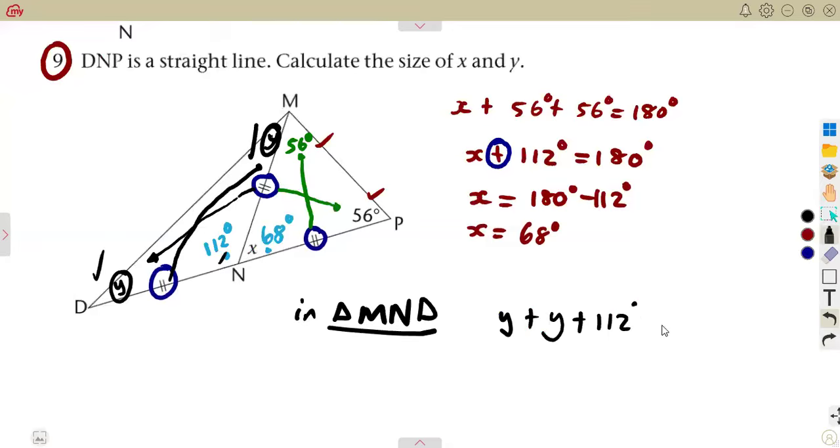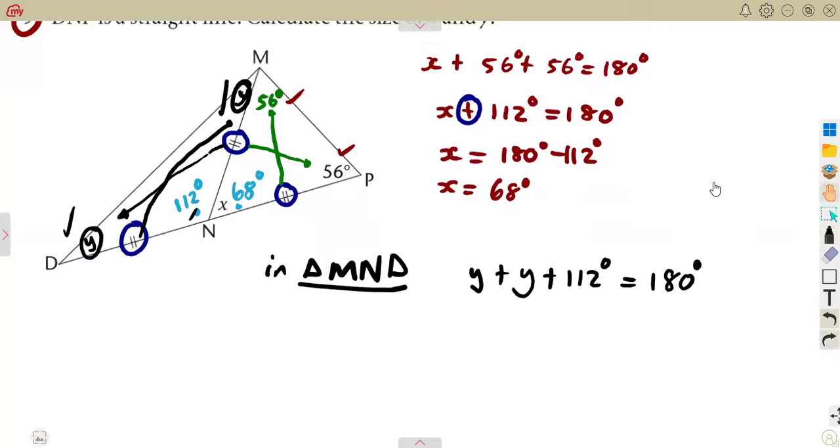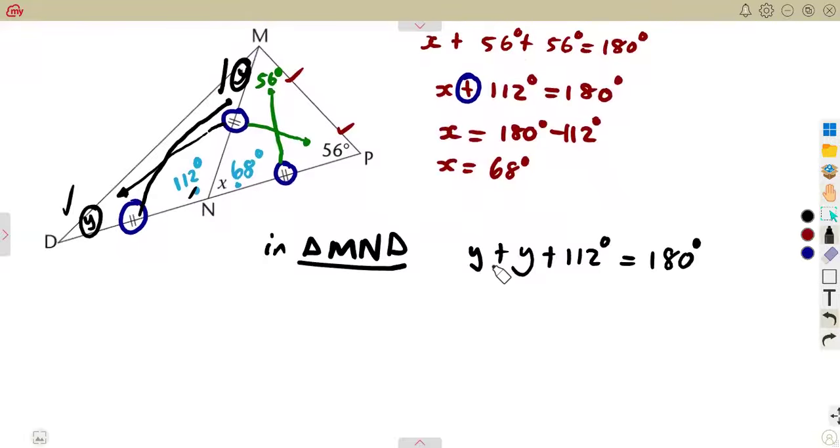All this is supposed to give us 180 degrees, the angles inside of a triangle. That's an equation which you can use to solve for y. Remember, this is y, this is y, so let's add y plus y. That is 2y plus 112 degrees is equal to 180 degrees.